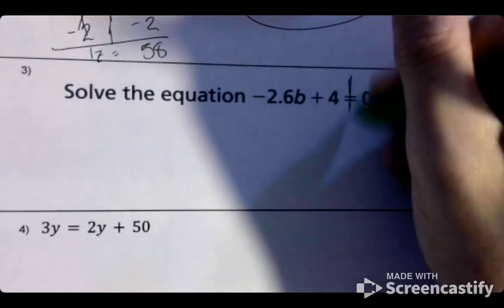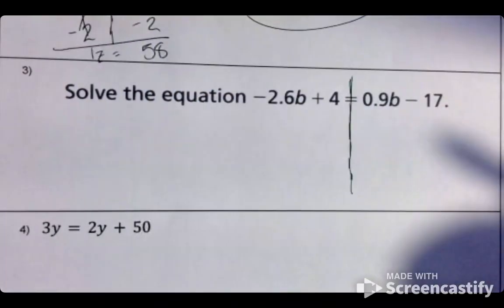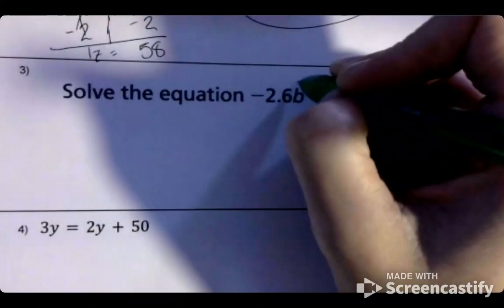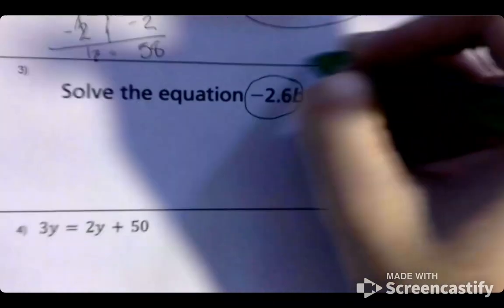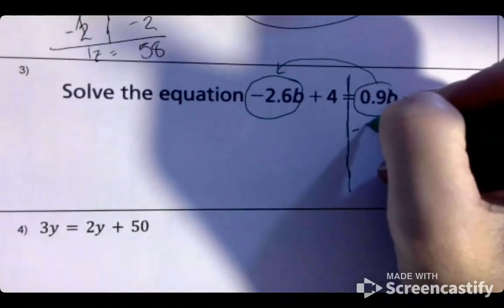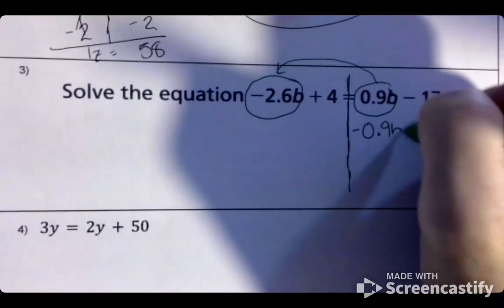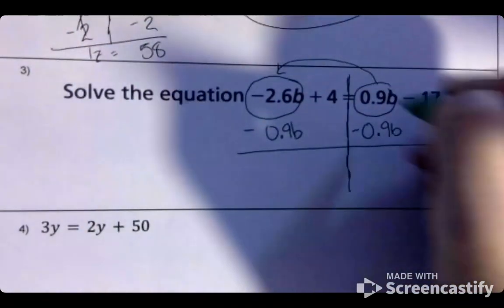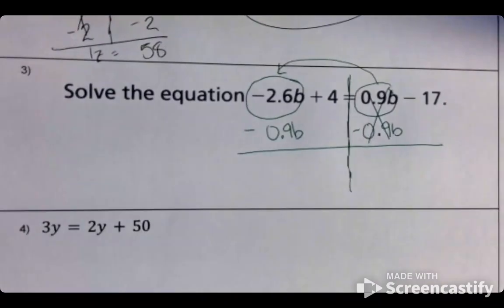Welcome back. You should have drawn your barrier. This 0.9b wants to be with this, so I'm going to move that over here. So I subtract it. That goes away. And then I'm just going to use a calculator, right?